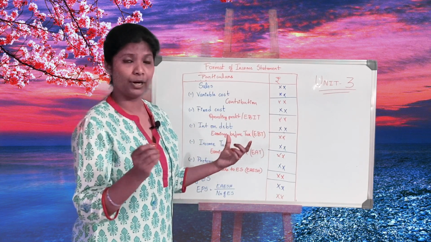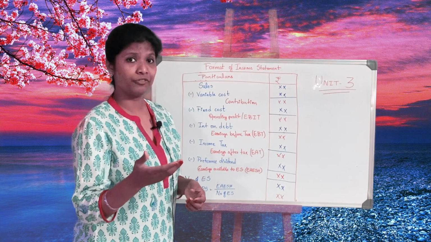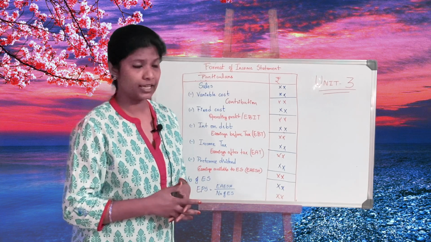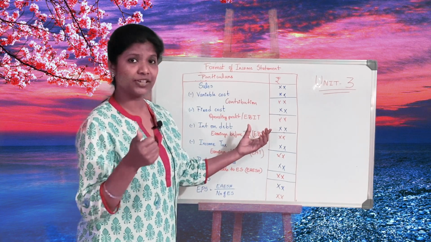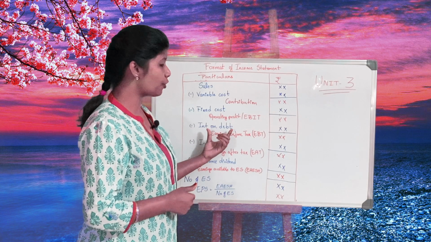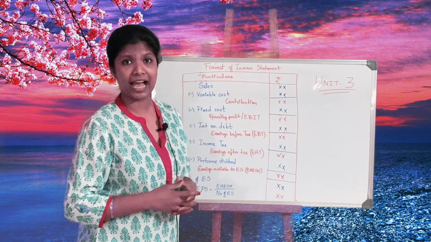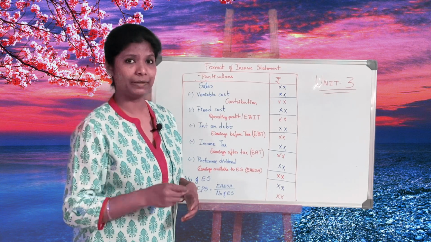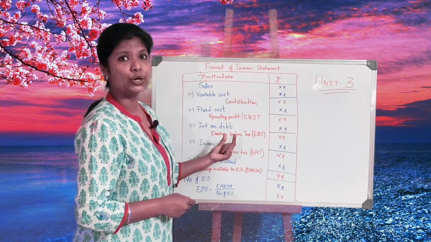So you need to remember operating profit is otherwise called earnings before interest and tax. From EBIT, I first need to deduct my interest on debentures. In case the company has debentures and has to pay interest to them, that will be deducted. Only the interest payment will be deducted.